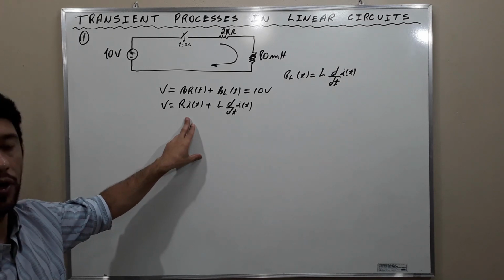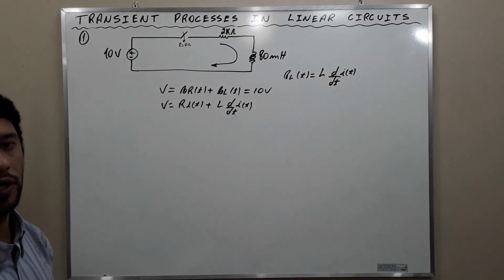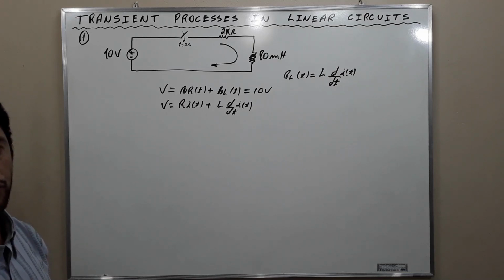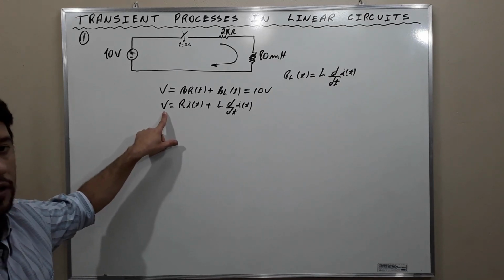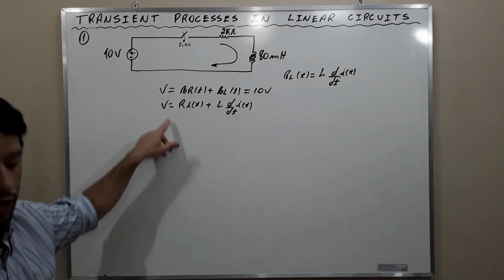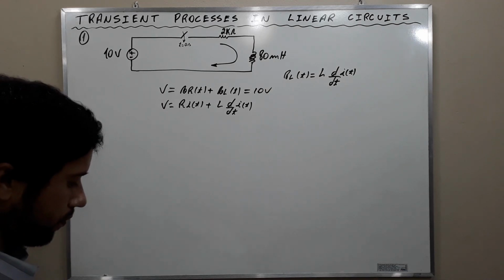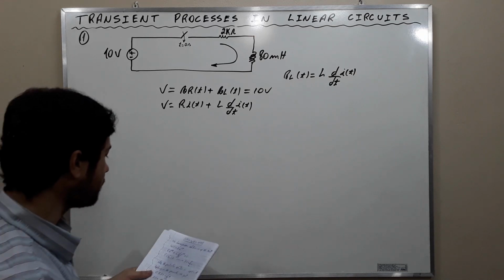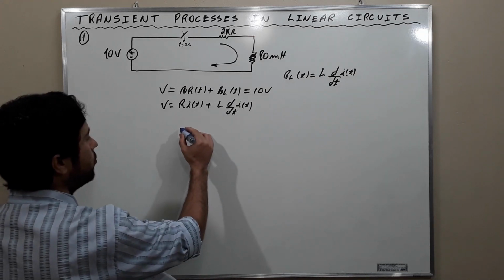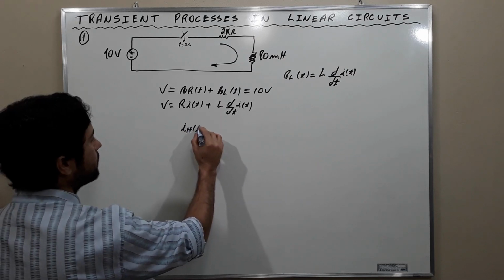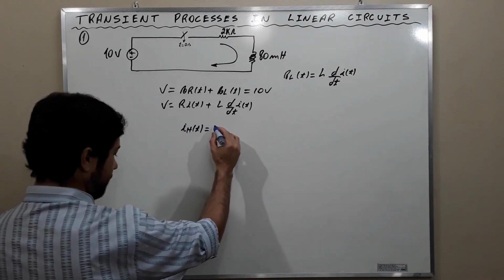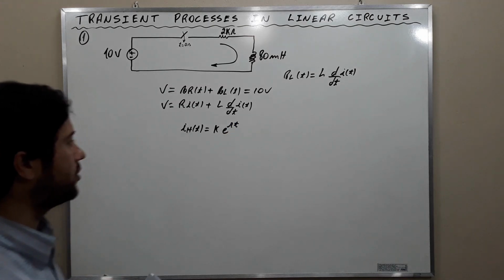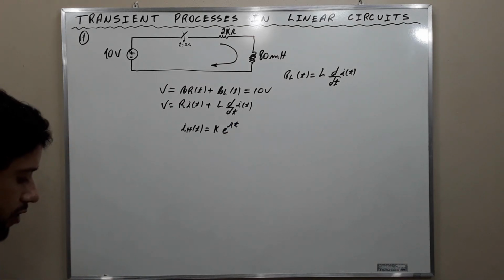It has one homogeneous solution and one particular solution. To calculate the homogeneous solution, we are going to set the forcing term to 0. The homogeneous solution is of the sort k times e raised to the power of rt.